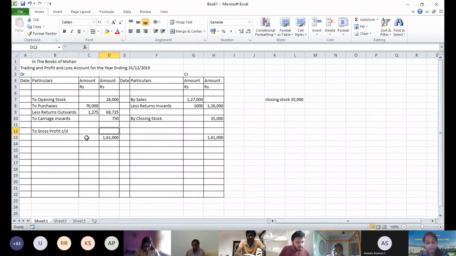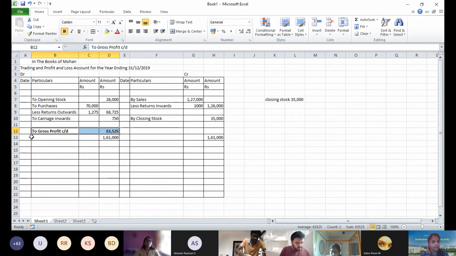Kindly subtract it properly. 1,61,000 minus 750 minus 68,725. 63,525. Yes, thank you. So your gross profit has come to your hand. This is the first particular aspect, and I've highlighted it. This is always transferred to the profit and loss account.